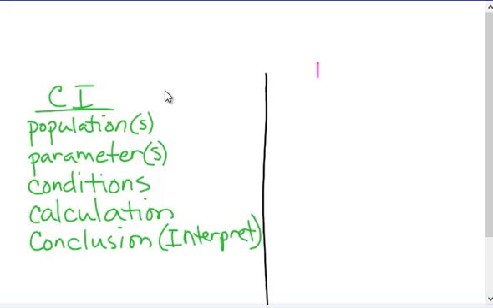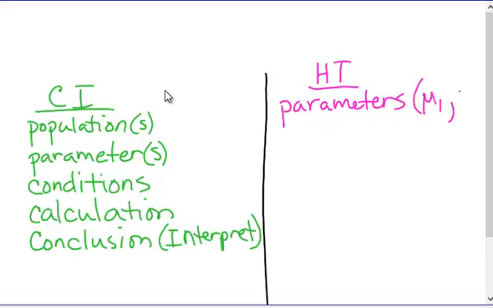Then we have our hypothesis test. So the process, you state your parameters. Again, because we're dealing with 2 samples right now, there are going to be 2 of them, a mu1 and a mu2. So you have to describe each one of them separately.